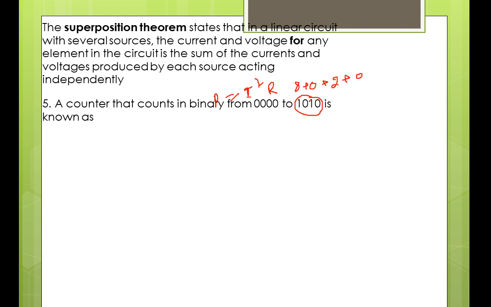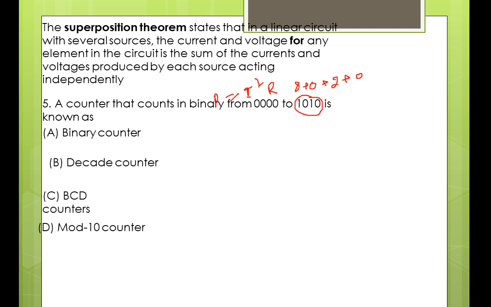So 8 plus 2 is 10. So the counter here counts from 0 to 10, multiplying each bit with its positional weightage. A counter that counts binary from 0 to 10 is known as: the options are binary counter, decade counter, BCD counter and mod 10 counter. So the answer for this question is binary counter.